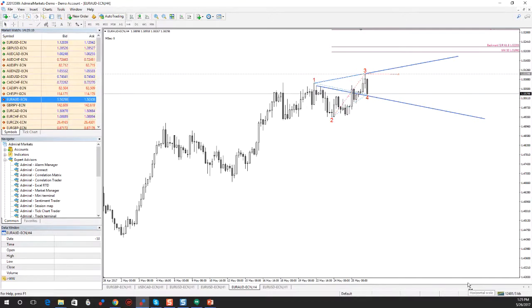That is why type 3 entry always works best when you have more than, let's say, 0.20 lots at least. So you can remove half of your trade here, put your stop loss, let's say, to break even, or here, and ride a free ride towards the 1 to 4 trend line.